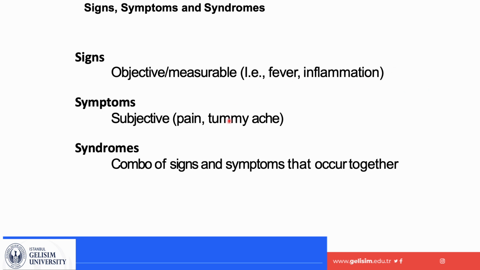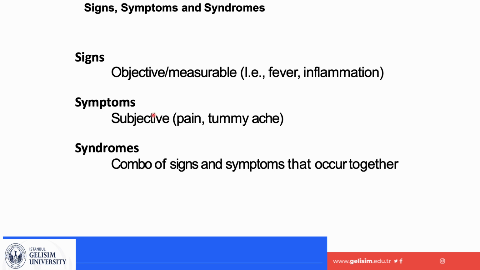Okay, now what's a symptom? A symptom is anything that's subjective. So, my stomach hurts, a tummy ache, or I have pain over here, or I feel like I'm dying. These are all subjective things, right? Whatever the patient tells you, what they feel, that's subjective.